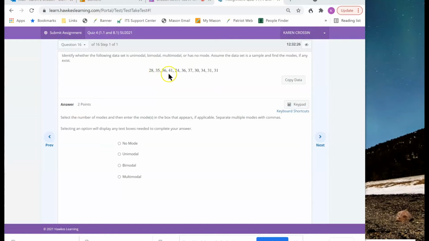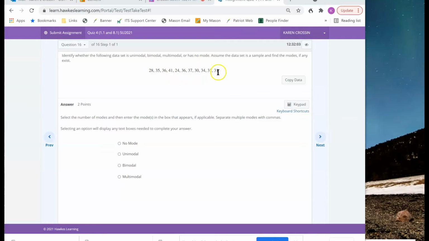So you look for anybody that there's a bunch of. I see two 31s right away. Is there anybody else repeated besides 31? 36 is repeated. So there's two 31s and two 36s. Those are the two most common. Is anybody else repeated?